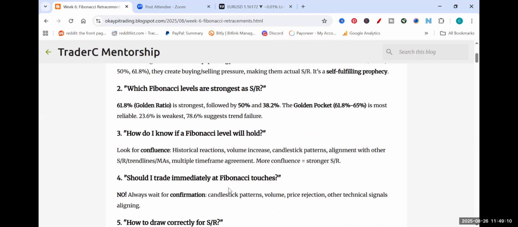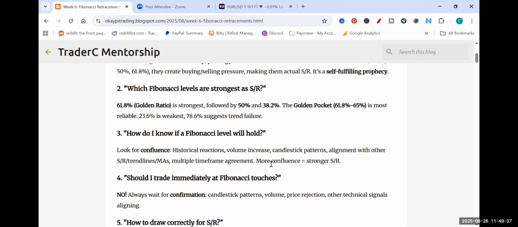How do I know if a Fibonacci level will hold? Look for confluence, that is normal price action, normal support and resistance. So historical reactions, volume increase, candlestick patterns, alignment with other support and resistance levels, trend lines, moving averages, multiple time frame agreement, and there can be more, like VWAP.